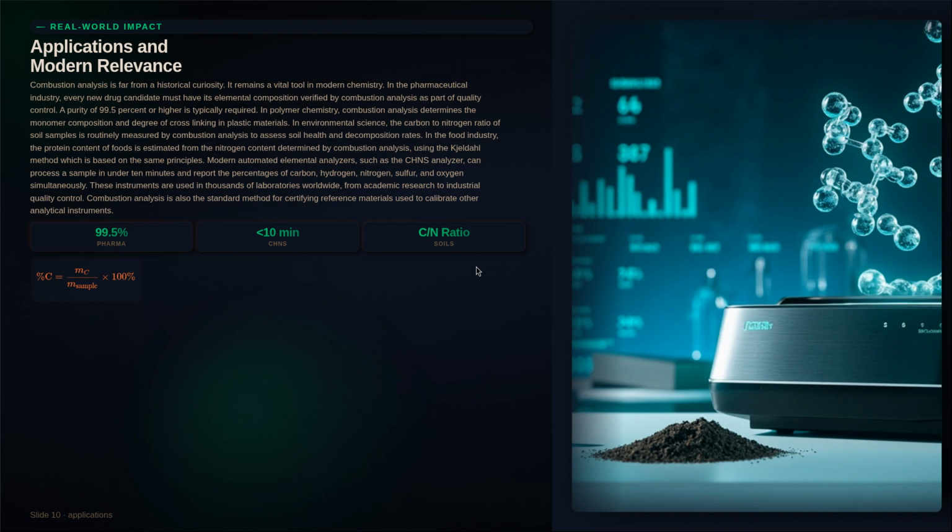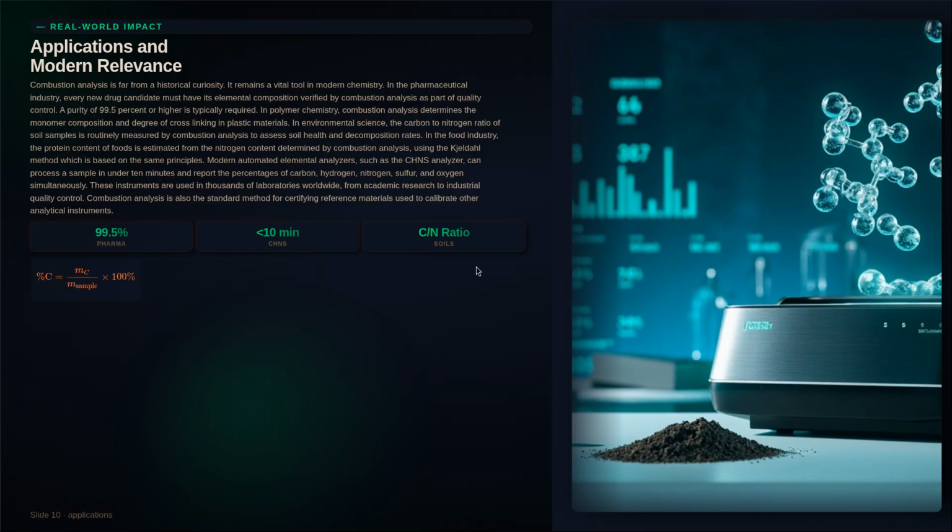In polymer chemistry, combustion analysis determines the monomer composition and degree of cross-linking in plastic materials. In environmental science, the carbon-to-nitrogen ratio of soil samples is routinely measured to assess soil health and decomposition rates. In the food industry, the protein content of foods is estimated from the nitrogen content determined by combustion analysis.